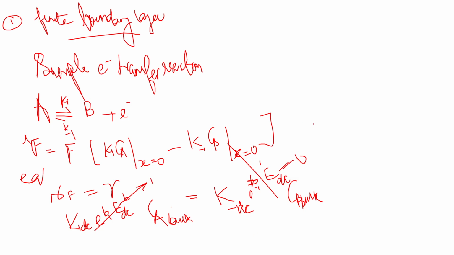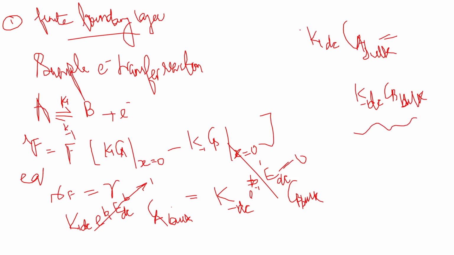So finally I'll get something of the form k1 CA bulk equals k minus 1 CB bulk.